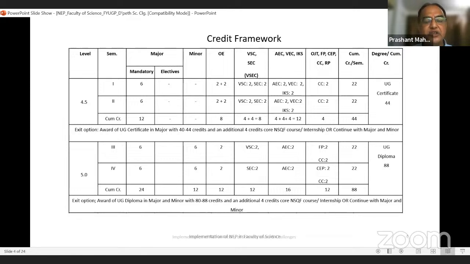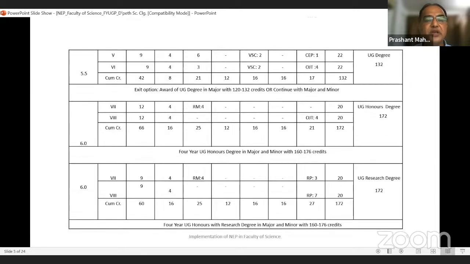In the first, second, third and fourth semesters, we have 2 DSC of 3 credits each uniformly, which increases to 3 DSC of 3 credits each, totaling 9, in the 5th and 6th semester, and in the 7th and 8th semester, we have 4 DSC, discipline specific core, of 3 credits each. And then in the 5th semester, we are also starting with the minor of 4 credits each.